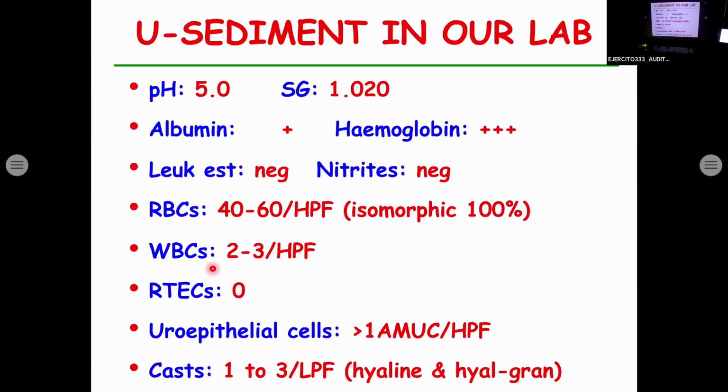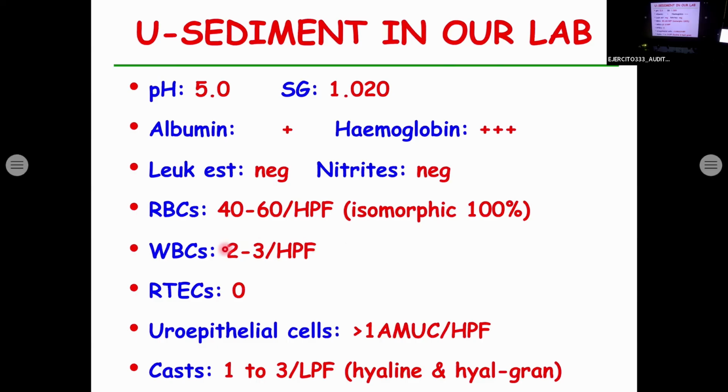And in fact, he came the day after with the urine sediment, which we examined in our lab. pH, specific gravity, 1+ albumin, hemoglobin 3+. Leukocyte esterase, nitrites negative. The presence of red blood cells is confirmed, isomorphic 100%.